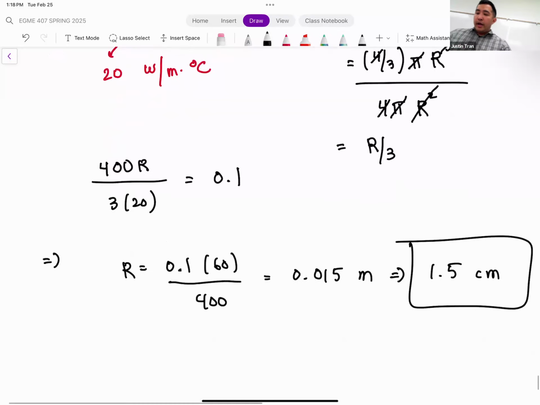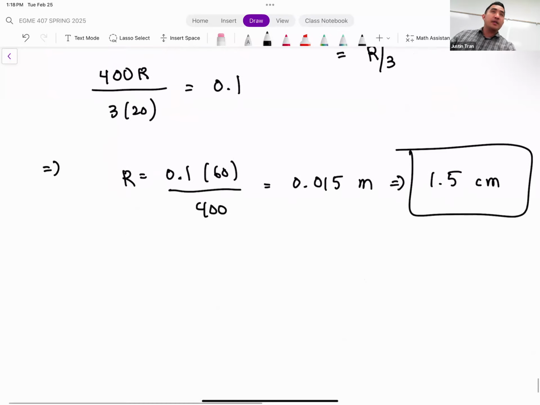Okay, and so now that we know the radius, our thermocouple is fully designed, or fully specified here. And so in part 2 of this problem, we want to find out how long it is going to take until the thermocouple reaches 199 degrees Celsius.